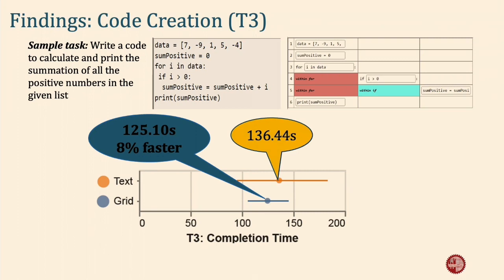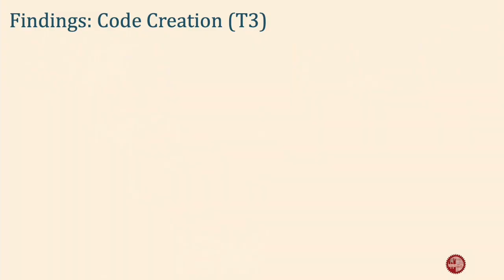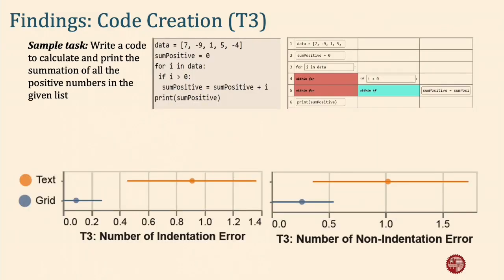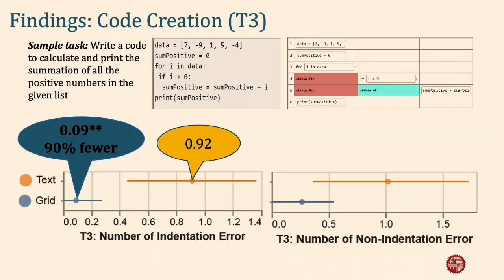It is not the extraneous workload, and that's why the gap is narrow. Even then, the number of indentation errors in a regular text editor on average is 1. In our scenario, only 1 or 2 participants made an error. So 90% fewer.